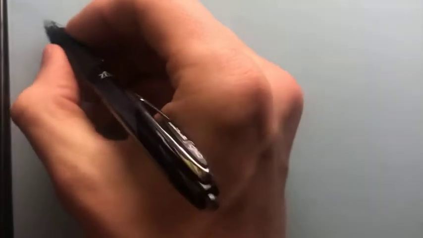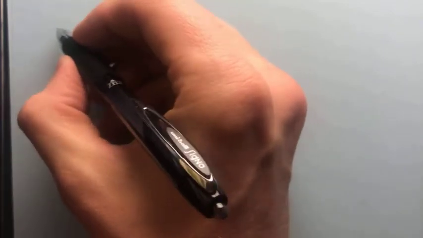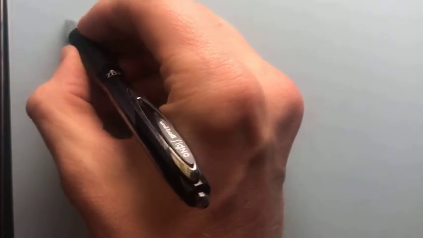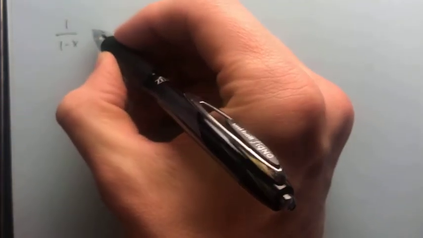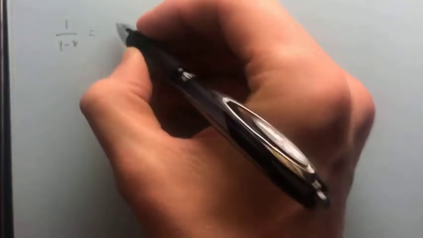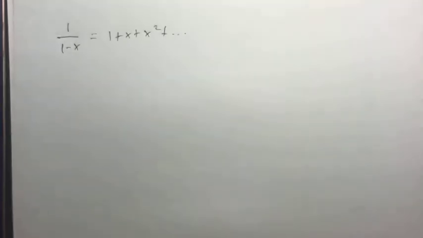So if I forget a little bit about mathematical rigor and calculus, let's take this equation that we've just sorted out. 1 over 1 minus x is equal to 1 plus x plus x squared plus dot dot dot. So this was the first generating function we came up with.